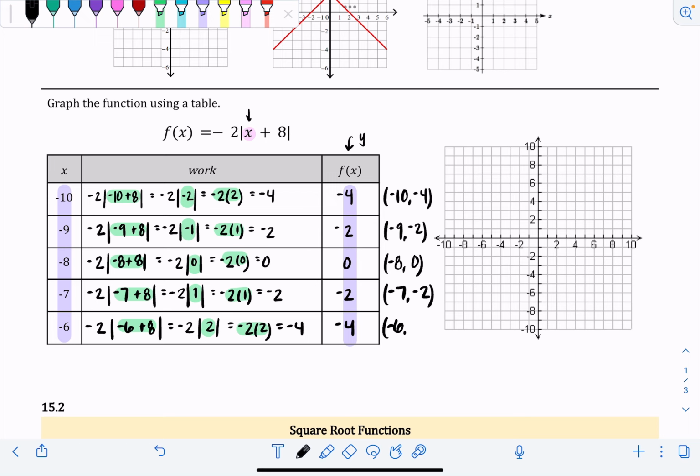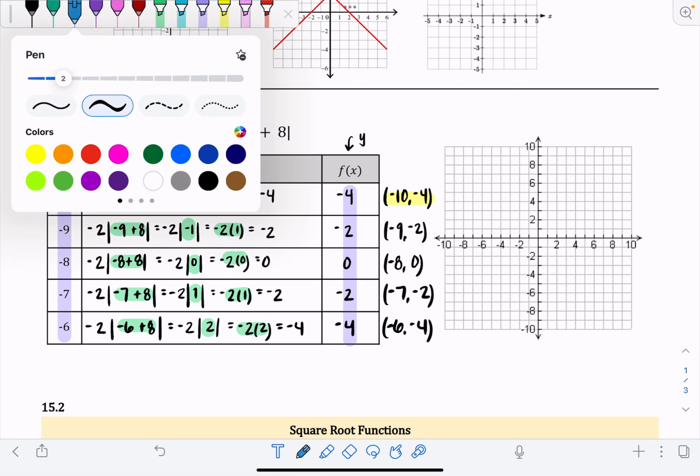Writing the point out is not necessarily mandatory or anything like that. But if you have a hard time pulling the points from the table, it's definitely recommended. So the first point, -10, -4, we start at 0, 0, which is right here, and then we go left or right first.